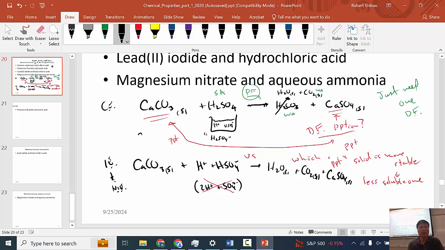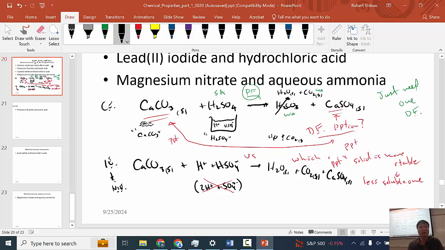Over here, I'm going to buy a jar of calcium carbonate. The jar is just going to consist of this white, solid calcium carbonate. And if I went to buy carbonic acid, I'm not going to get any carbonic acid. Instead, I'm going to get water and CO2. In fact, you can't go to the store to buy carbonic acid.